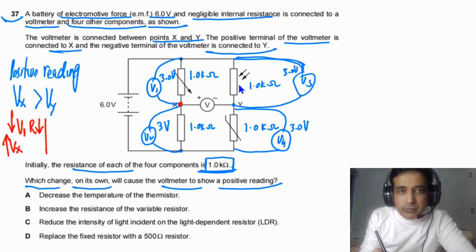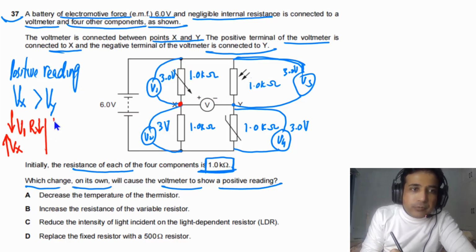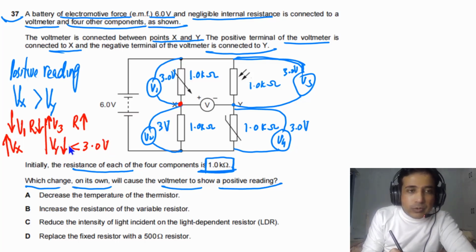The second possibility we have is if the resistance of this one increases. Simply we can say if V3 increases, the resistance of this one has to increase, so Vy will go down, meaning it will be lower than 3.0 volts. Vy in this case will go down because there will be more potential drop across this one.